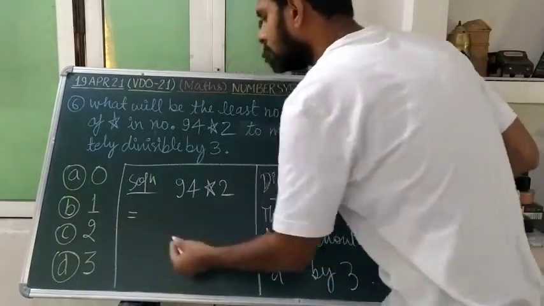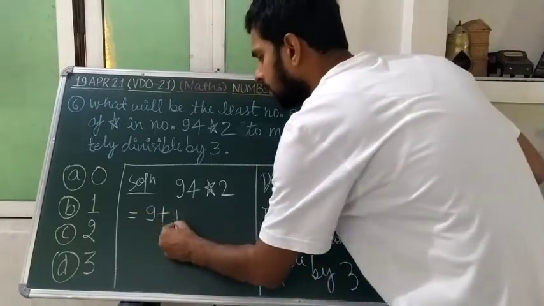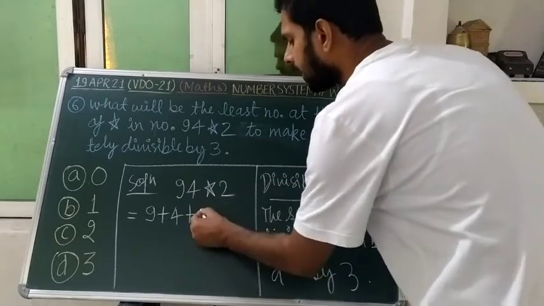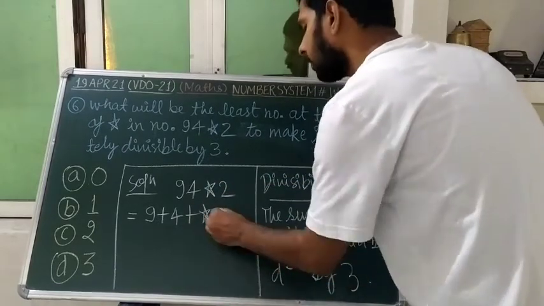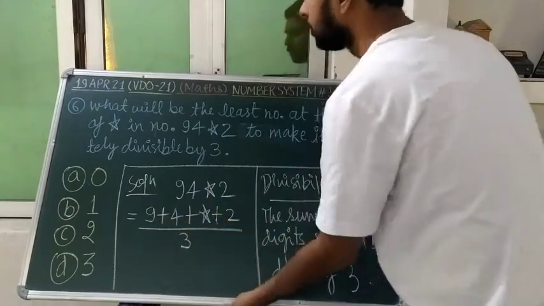So what will we do? We will add the digits present here. So 9 plus 4, and since we don't know the digit present here, we will write star, plus 2, divided by 3.